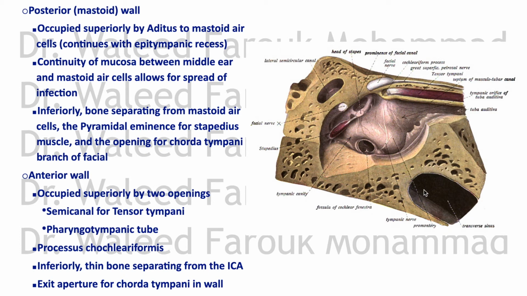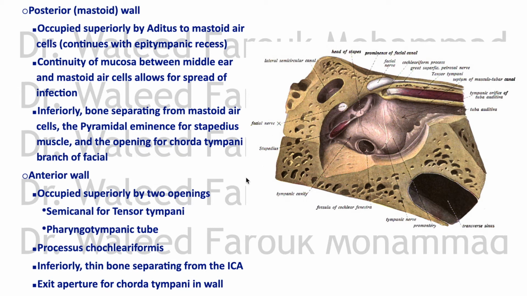Anteroinferior to this is the carotid canal, the internal carotid artery and its canal, and also we have the exit in the anterior wall, the exit of the chorda tympani. So the entrance of the chorda tympani from the posterior wall and the exit from the anterior wall laterally. Okay?